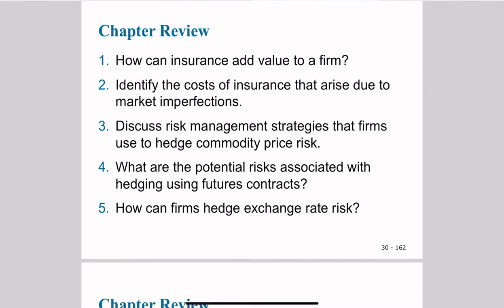We also learned that insurance can increase the firm's debt capacity, and it can also reduce the firm's cost of debt. The basic idea here is that insurance can reduce the firm's risk. Because the firm's risk is lower, the firm can take on more debt, and the cost of debt will also be lower.